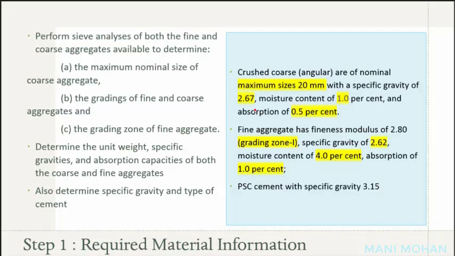Let me see here the specific gravity of coarse aggregate as per step 1. This is the required material information which we have gathered. So it is 2.67. As we can see, we note down this data. 2.67 is the specific gravity of coarse aggregate. 2.62 is the specific gravity of fine aggregate.